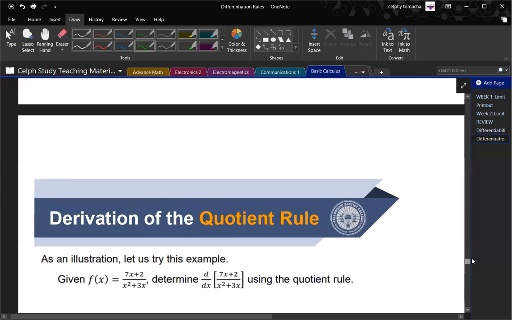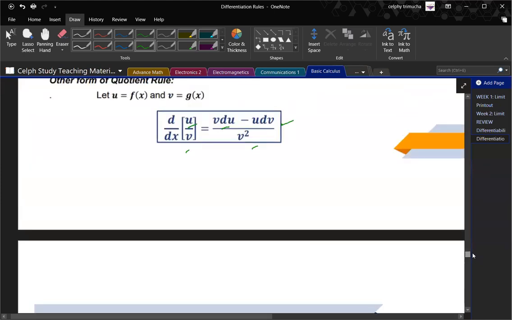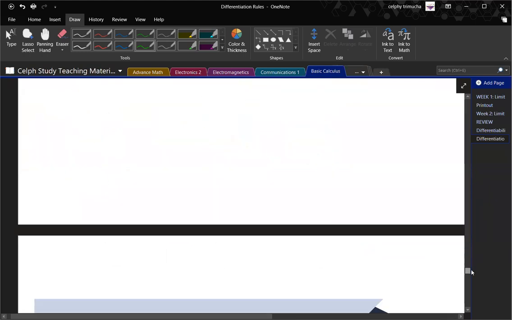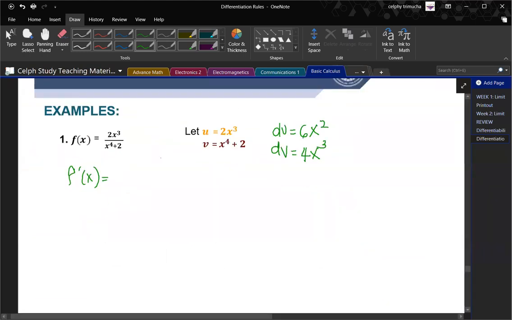okay, based sa aton nga equation, yung kinahanglan gamiton, we will have v du minus u dv all over v squared. So we have v du minus u dv all over v squared. So substitute lang nato ang aton nga equation and then we perform it algebraically.